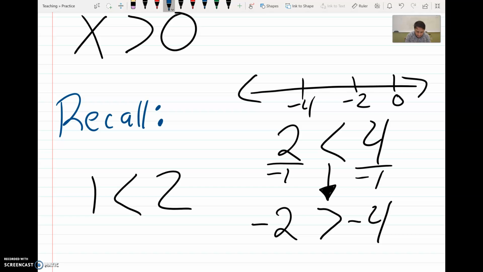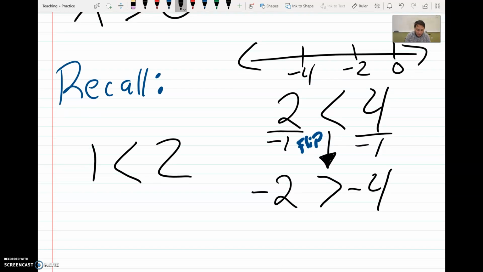Put this here. All right? It's the important thing. If I divide or I multiply by a negative number when I'm solving an inequality, I just need to flip the sign. And as you're going to see, solving inequalities is the same thing as solving equations.